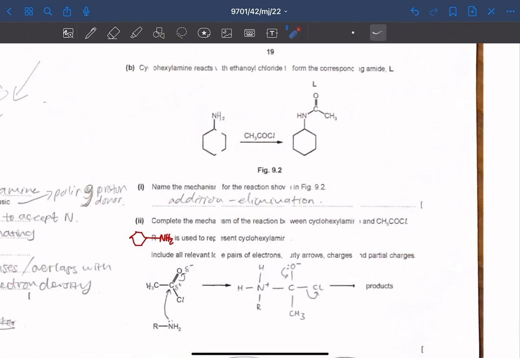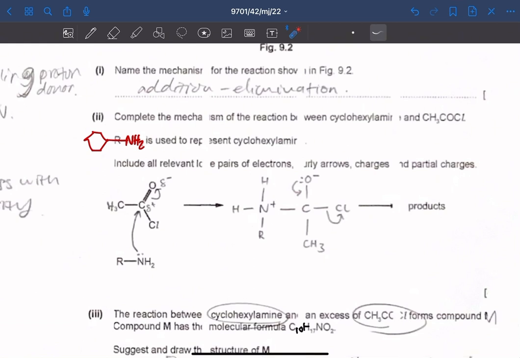So in here, the acyl chloride would actually be attacked by a nucleophile, NH2, and the C=O double bond becomes a dipole. This causes the double bond to break and causes there to be a lone pair of electrons on the O atom, which is negative, having received a pair of electrons from the double bond, and so the lone pair of electrons move to the bond and form a double bond again later.